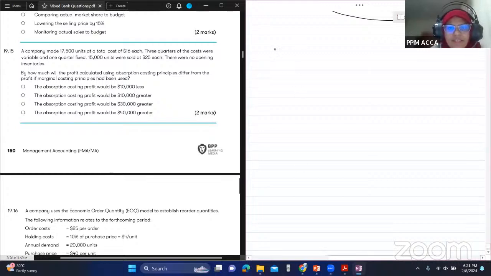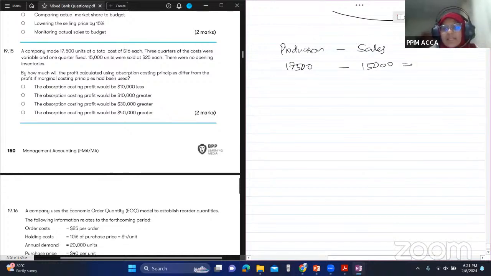So the change in inventory would be the production, because they're saying also there is no opening inventory. So the production is 17,500 minus the sales, which is 15,000. The difference will only be the change in inventory because we didn't have any opening inventory. So 17,500 minus 15,000, the change is going to be 2,500 units.